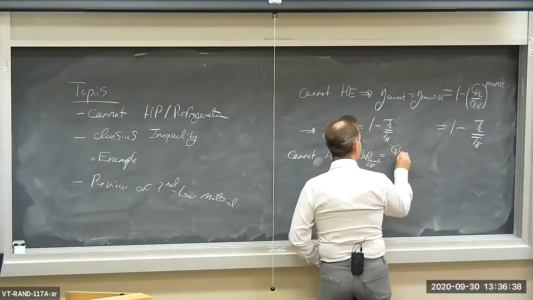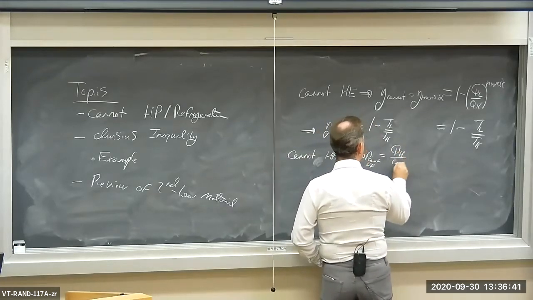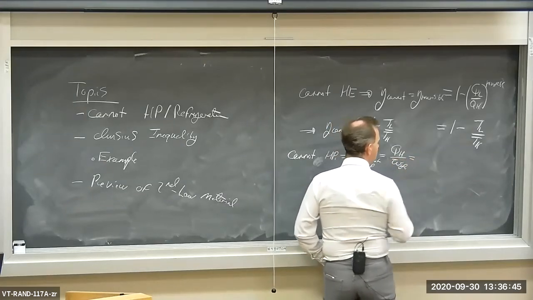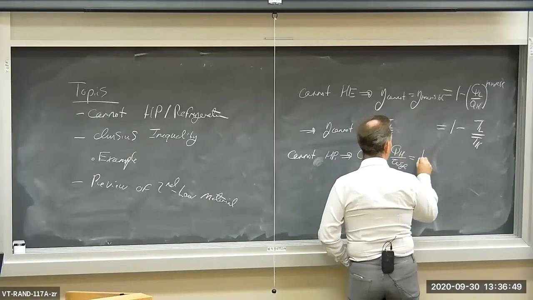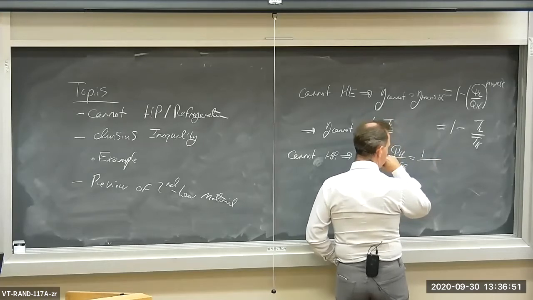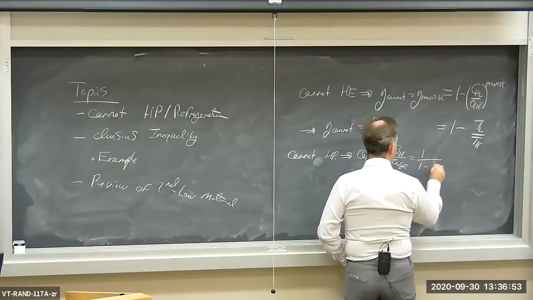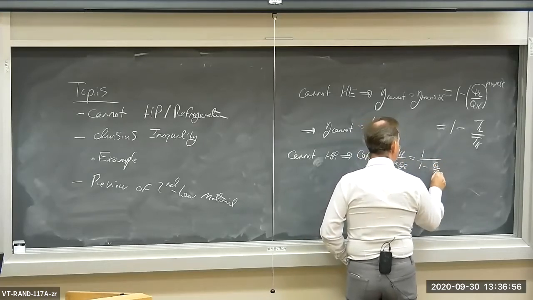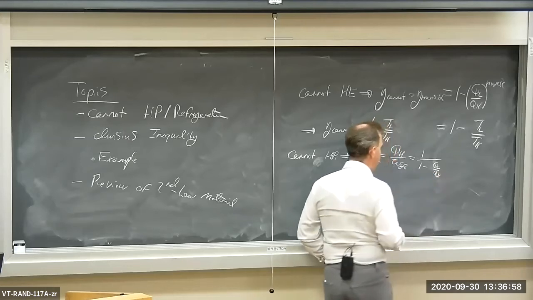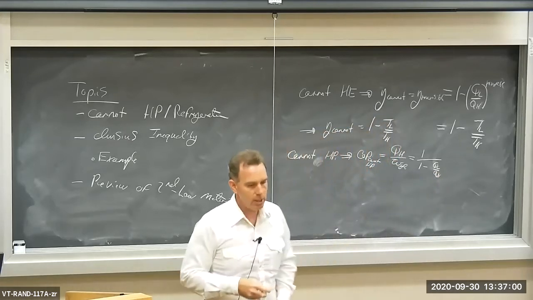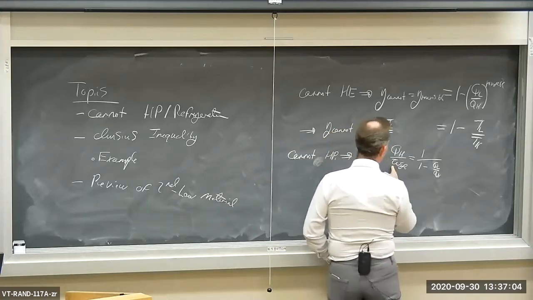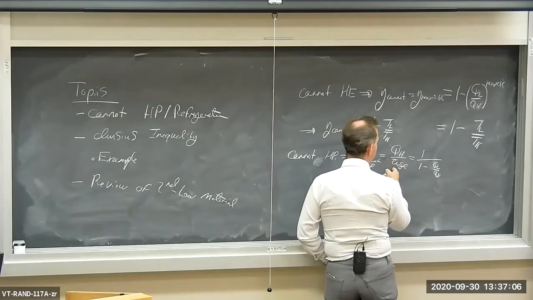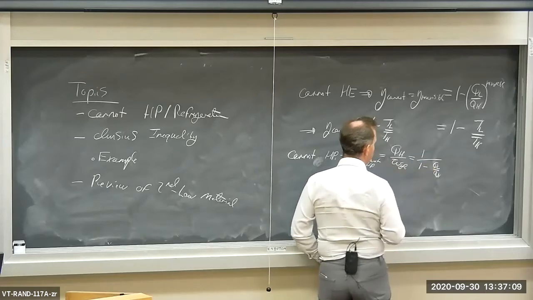So the emphasis is on the high temperature heat rejection, and the cost is the work over the cycle. And so that ends up being 1 over 1 minus QL over QH when you apply the energy balance. Work over the cycle is QH minus QL. So I divide top and bottom by QH and I get 1 minus QL over QH.